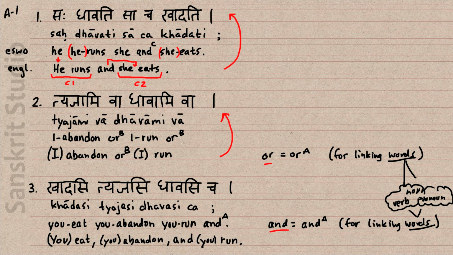Okay, that's it. Another point here is simply that you could have written this sentence like that, and then I could have translated this as you eat, abandon, and run.